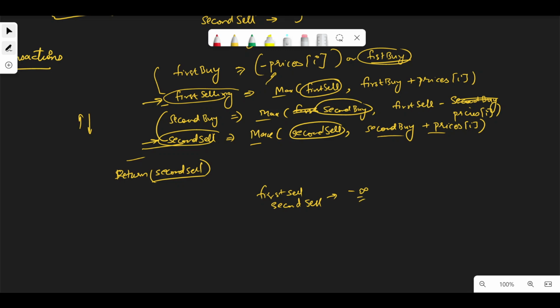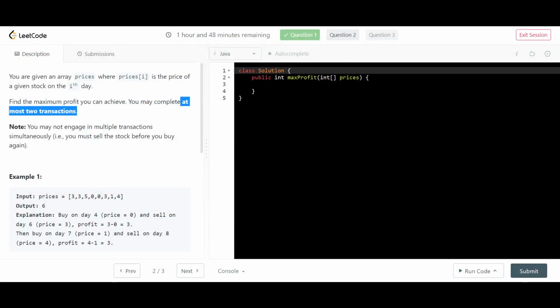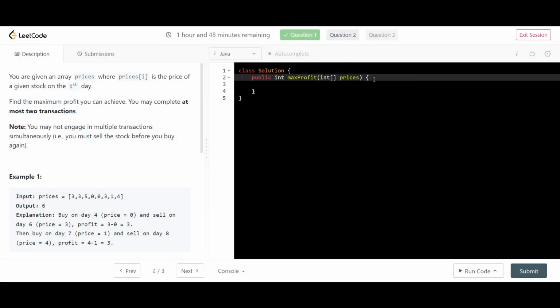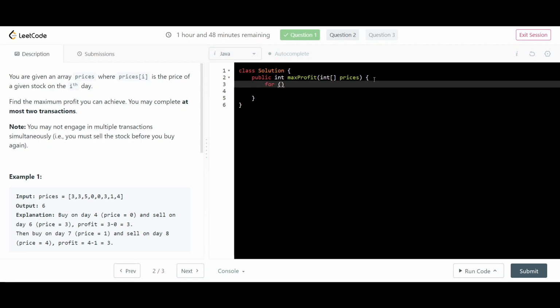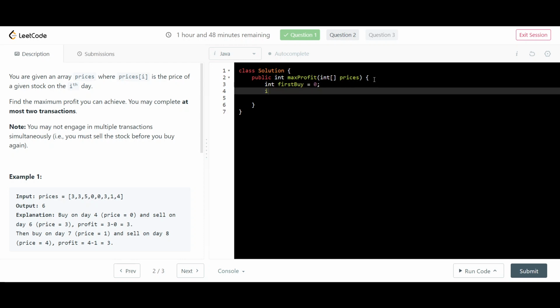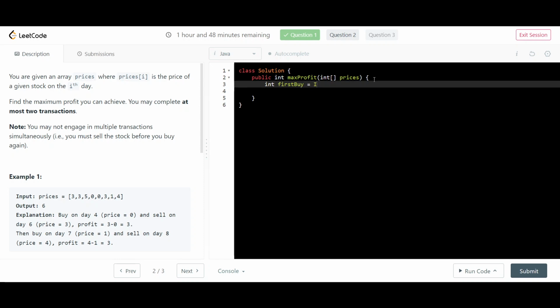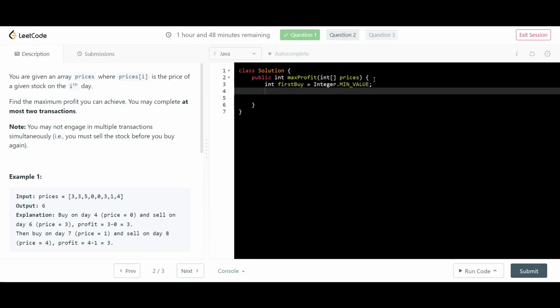All right, with all of this information, let's build the code. Before that, let's first initialize these four things. First sell equals 0. First buy equals minus infinity.